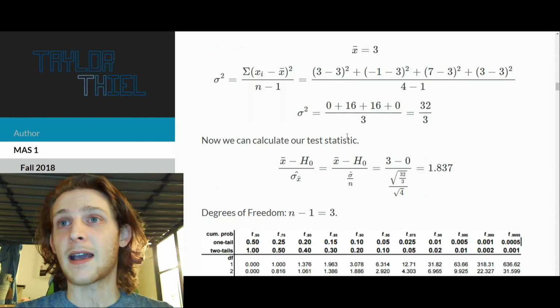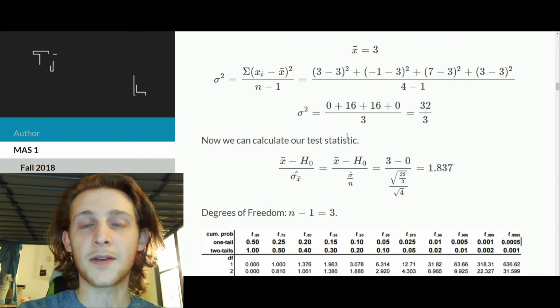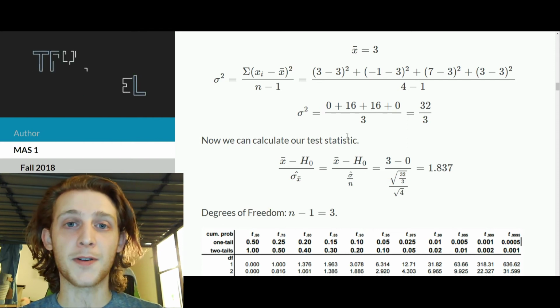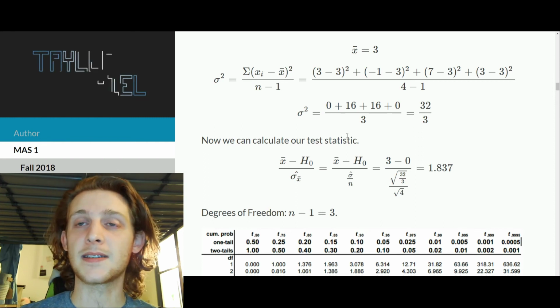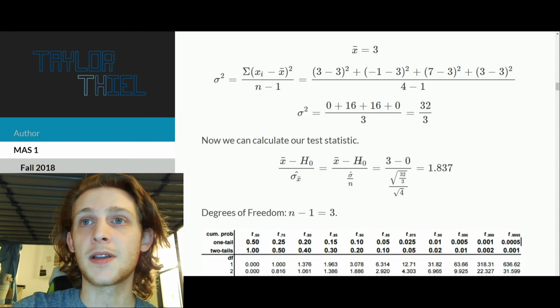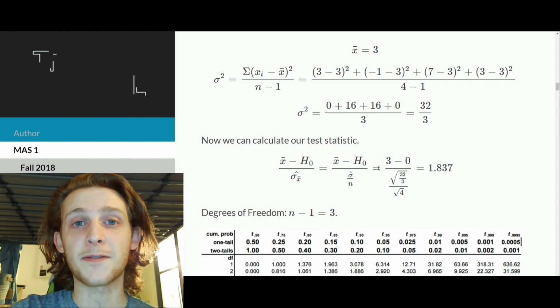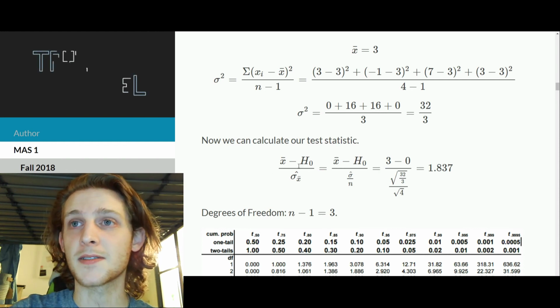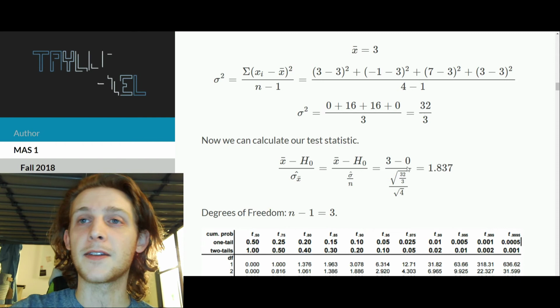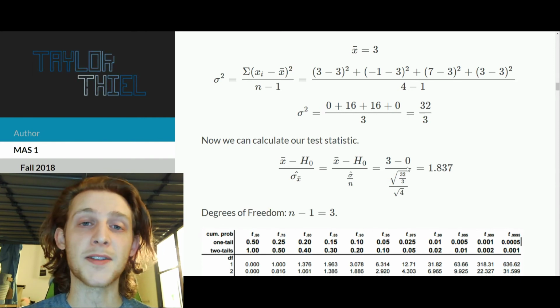Finally, we got to calculate our test statistic, so that's just going to be your value minus the true or assumed true value divided by the standard deviation. And for that, we're saying what's our sample average minus our null hypothesis, which is just that there is no difference between brothers and sisters, so 3 minus 0, and then divided by our standard deviation estimate divided by the square root of n.